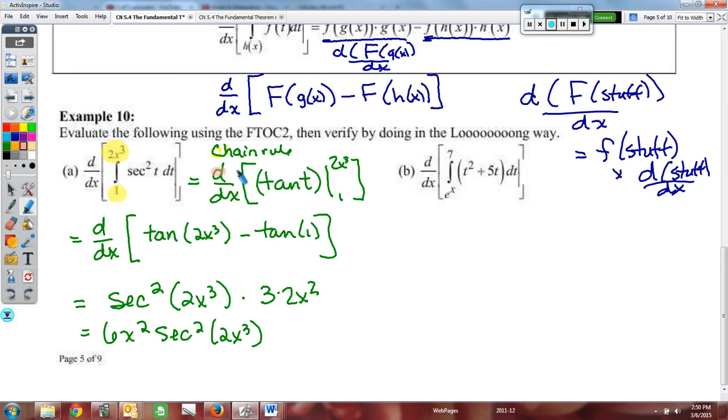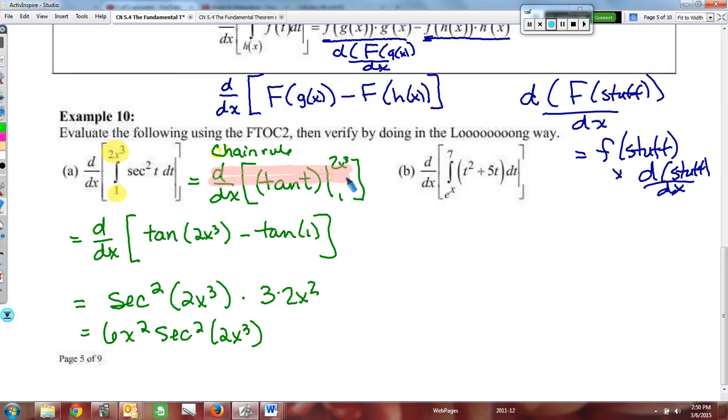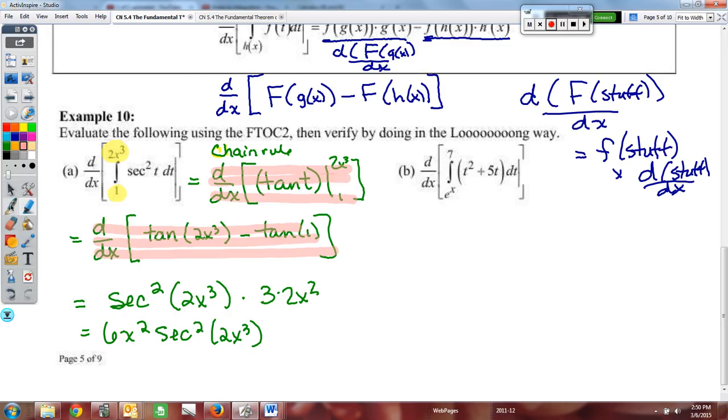This portion right here is not something I need to know in order to do this. All I'm doing is recognizing that I must have had the secant squared of the bound times the derivative of the bound, so I can just plug that in and get the derivative. So let's look at the next one, and we'll do that one.